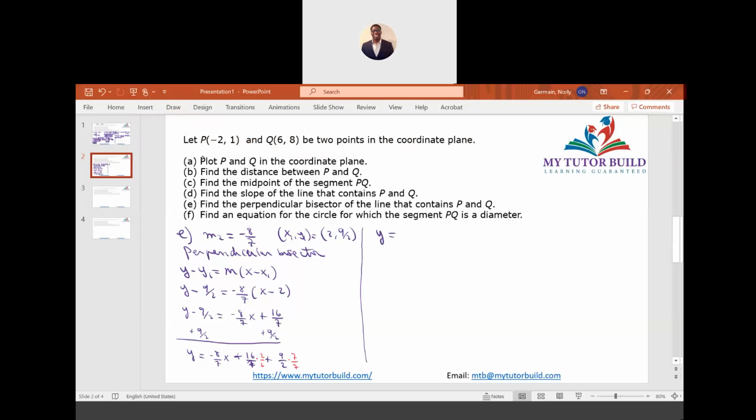So y equals -8 over 7 x plus 2 times 16 is 32 over 14 plus 9 times 7 is 63 over 14.